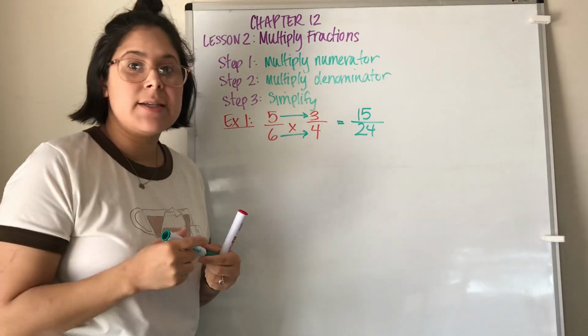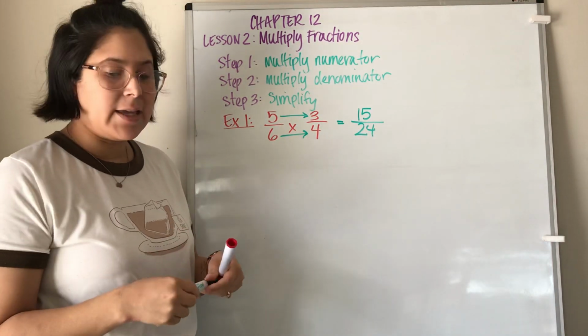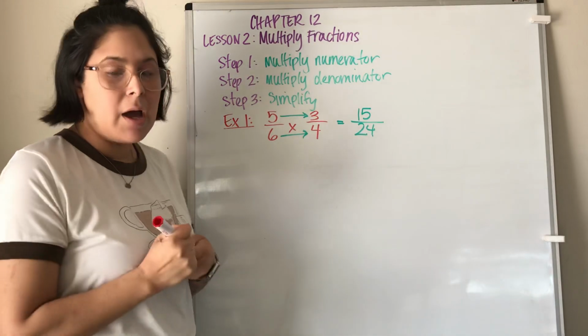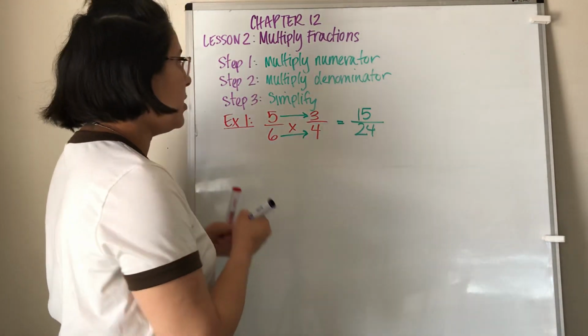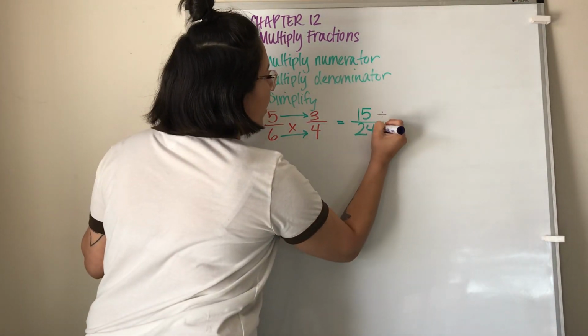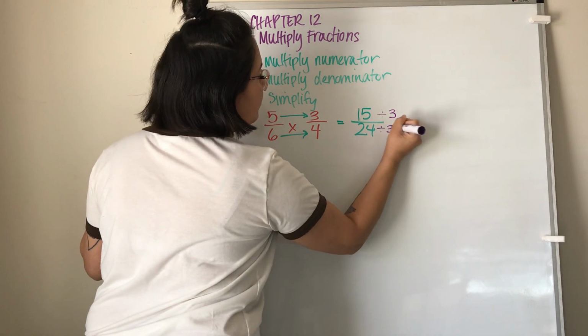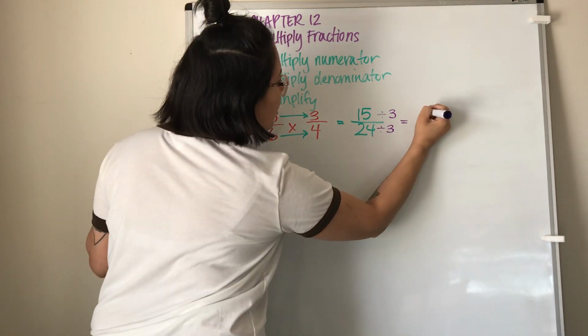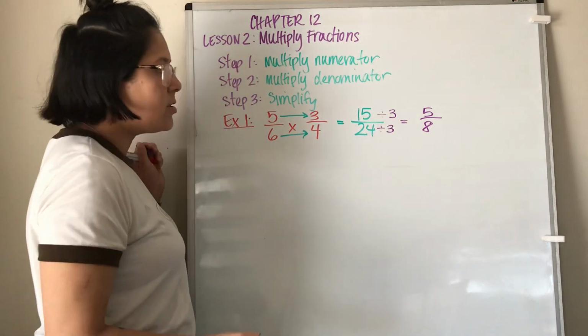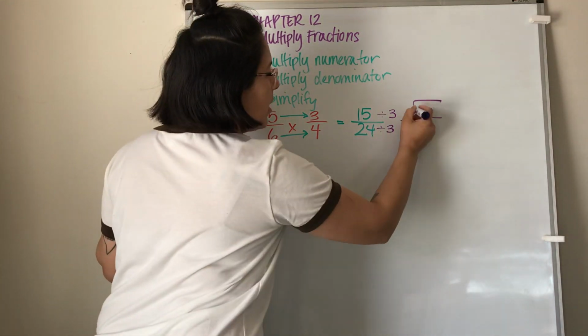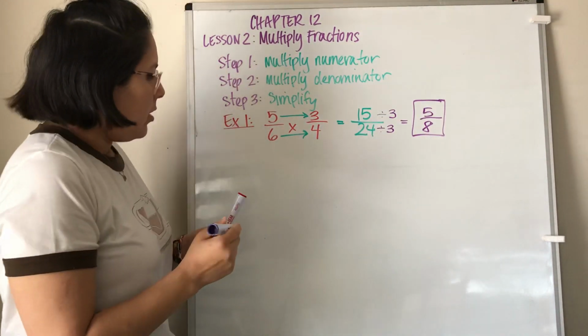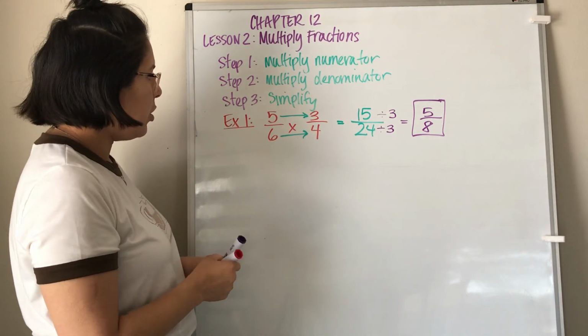Okay, step 3, simplify. Can I simplify? Can I divide the top and bottom by something to make it smaller? Yes. I can divide the top and bottom both by 3, and I'm going to get 5/8. Okay, so my answer is what? My answer is 5/8.